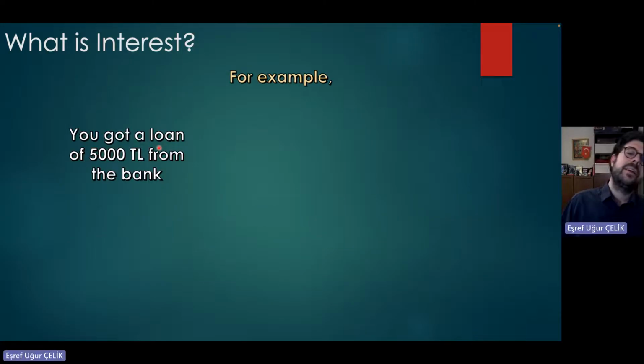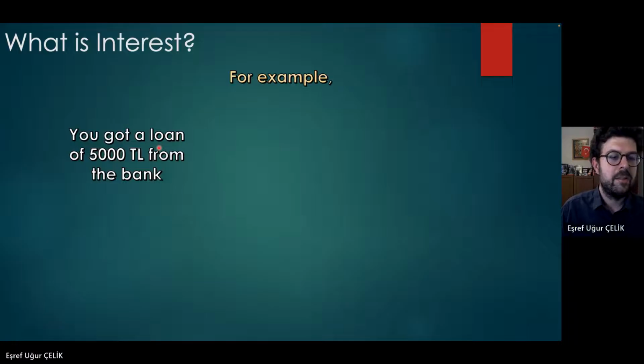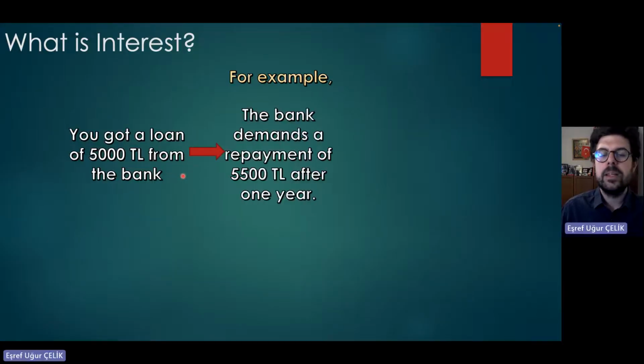Okay, let's try to understand the mechanism easily by looking at an example. For example, you got a loan of 5,000 Turkish lira from the bank, and at the end of the period, and that period is 1 year, the bank demands a repayment of 5,500 Turkish lira.